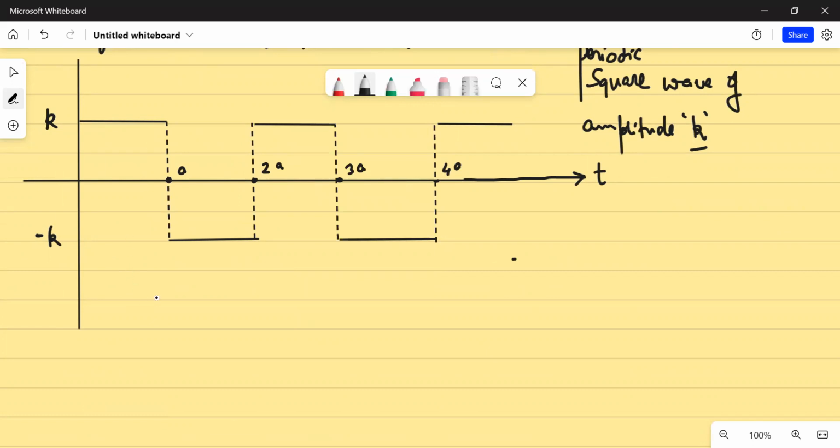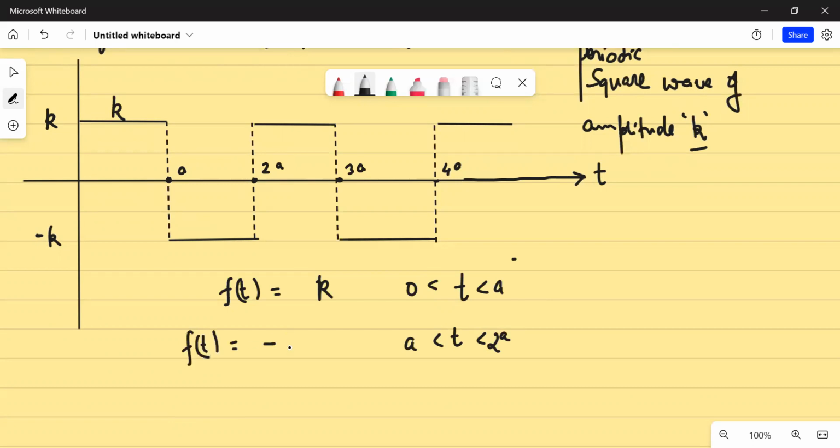So you can see that whenever t lies between 0 and a, your function f(t) is simply k. And for t lying between a and 2a, you can clearly see that your function f(t) is simply minus k. Is that clear?